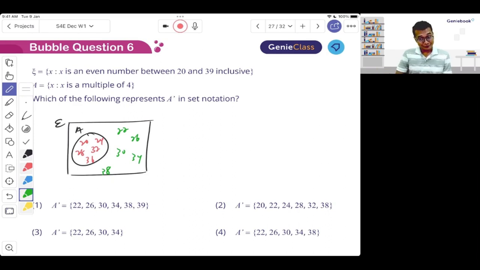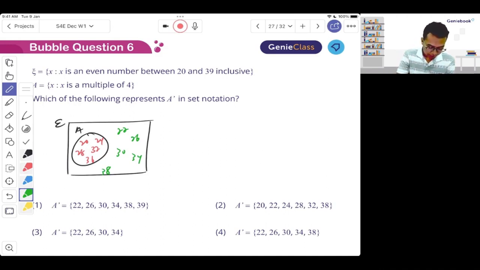I have two students making a mistake. Majority of you are getting it correct. But those of you that made a mistake, I want you to take a look and see whether you can spot your own mistake. 10 seconds left. 9, 8, 7, 6, 5, 4, 3, 2, and 1.